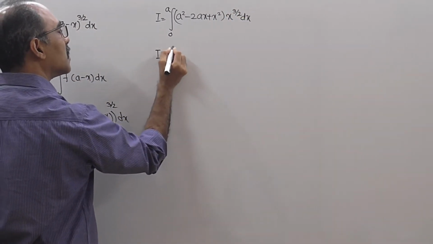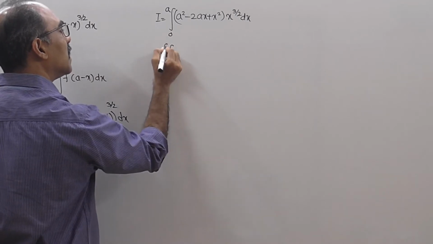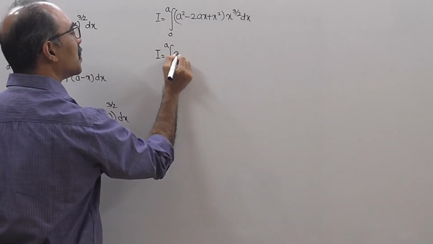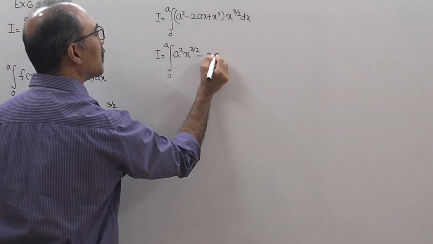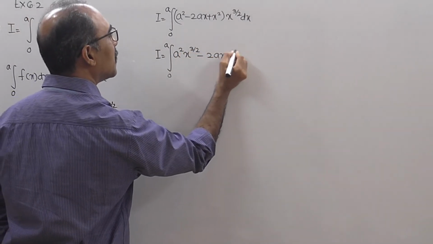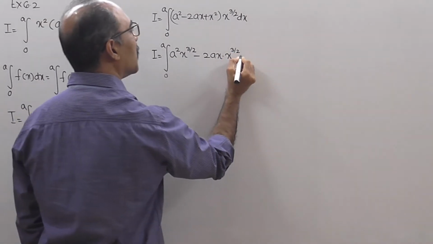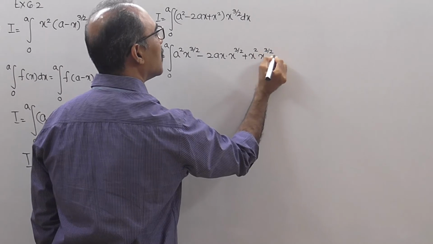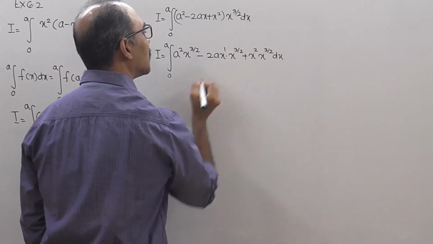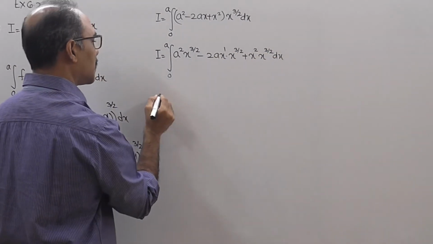Now you multiply all the terms by x raised to 3 by 2: a square x raised to 3 by 2, minus 2ax multiplied by x raised to 3 by 2, plus x square times x raised to 3 by 2. Take x as x raised to 1.